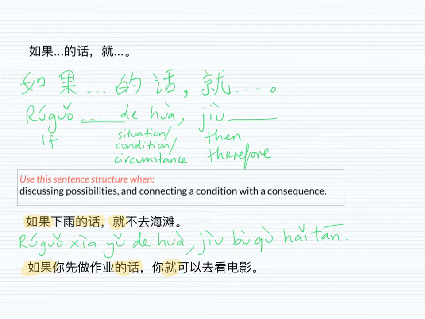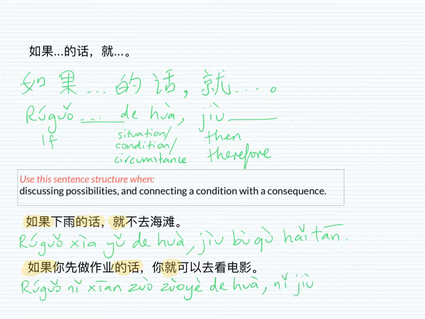So if we go through with the pinyin there, we have got, starting off, 如果你先做作业的话, comma, 你就可以去看电影.